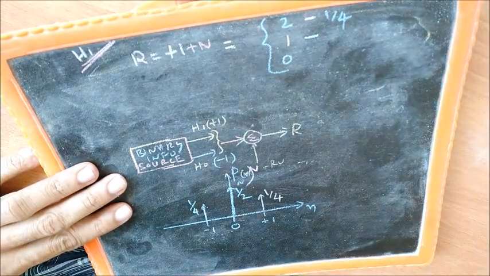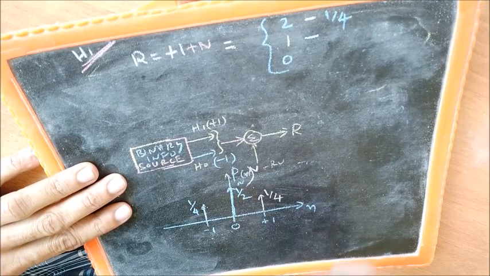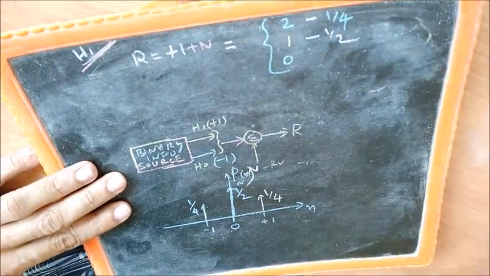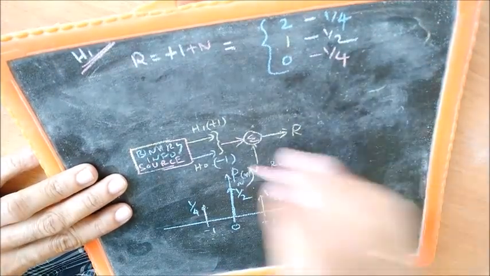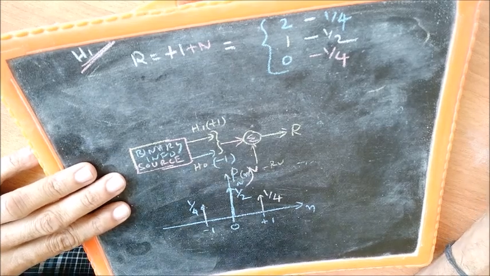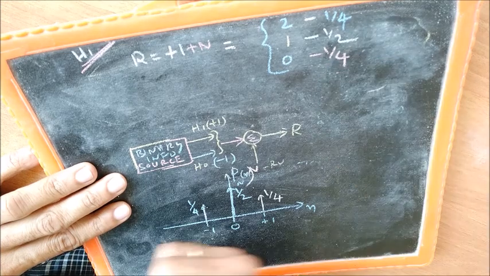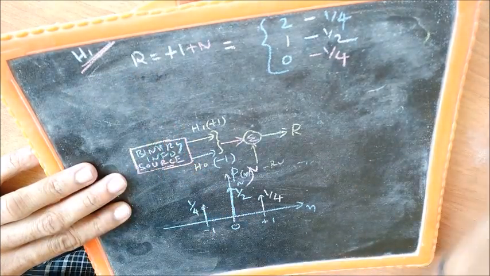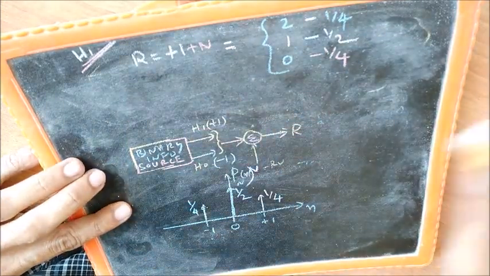R becomes 1 when N is 0, and N is 0 with a probability of 1/2. And R is 0 when N is -1, and the probability is 1/4. So we now have the probability distribution of R given H1 is the true hypothesis, a conditional distribution of R.